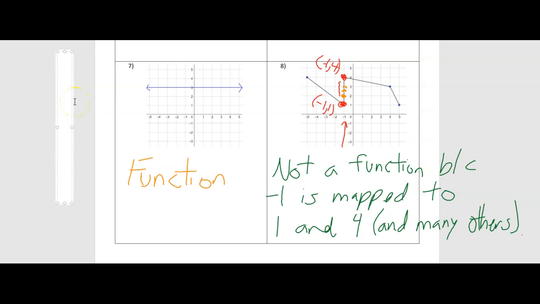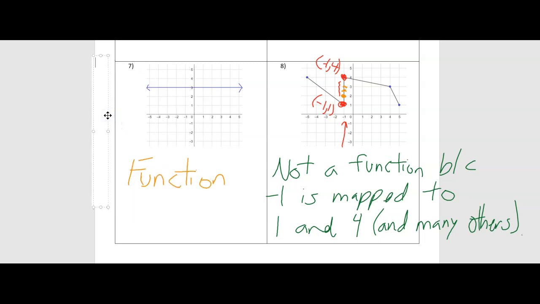Now there's a very easy way to determine whether a graph is just a relation or whether it is actually a function, and it's called the vertical line test. For this test, you want to have a pencil or some type of ruler or something straight that you can move along your paper. I'm going to use this white object here that I can move back and forth.